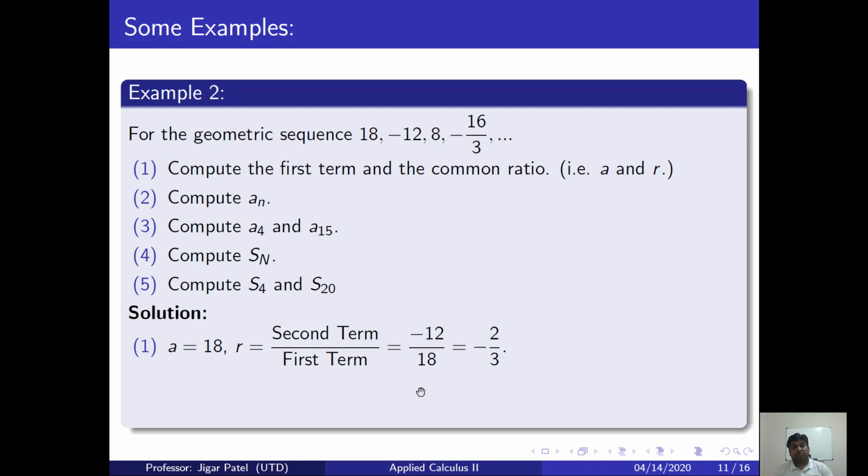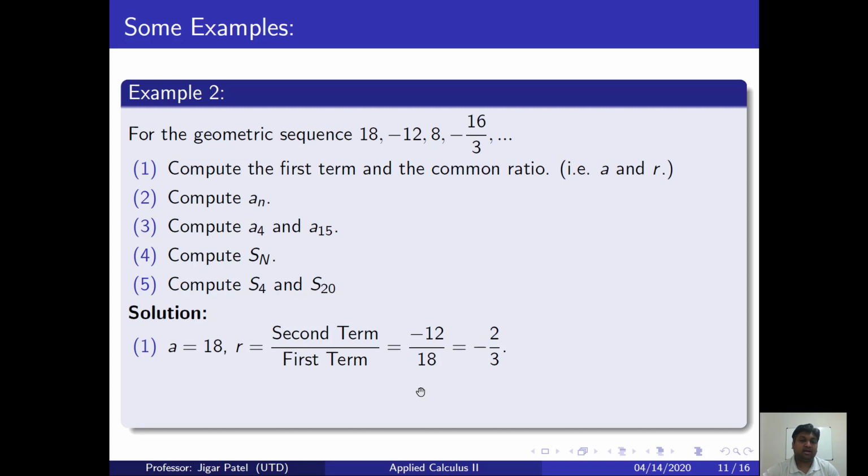Compute the first term and the common ratio. Compute an. Compute the fourth term, the 15th term, and then compute the sum of first 4 terms and the sum of first 20 terms.